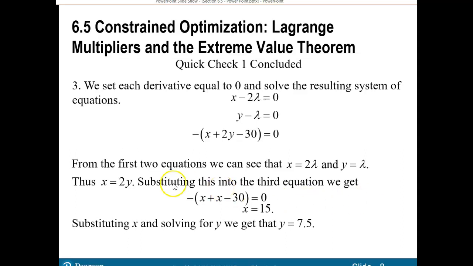And remember that x was equal to 2y, so 15 equals 2y, so y would be 7.5. All right, so the function A is maximized when x is 15 and y is 7.5. A was x times y, so 15 times 7.5, 112.5.